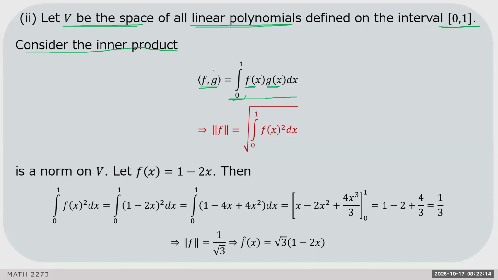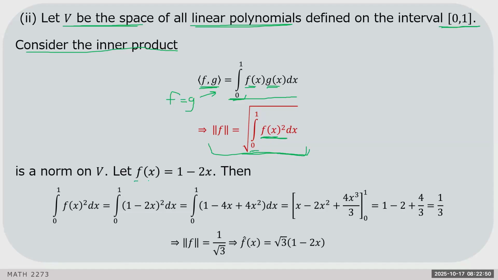Therefore, the norm comes from the inner product with f equal to g. If we set f equal to g in this formula, we get the norm of this vector. So now we are assigning to a polynomial a length or magnitude. All you do is square the polynomial, integrate from 0 to 1, and whatever answer you get, you square root it.